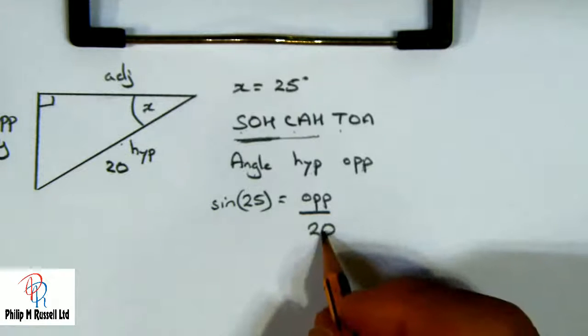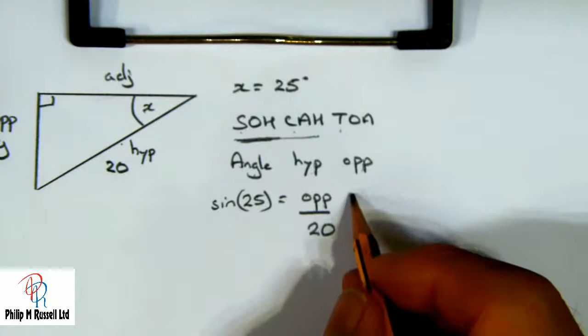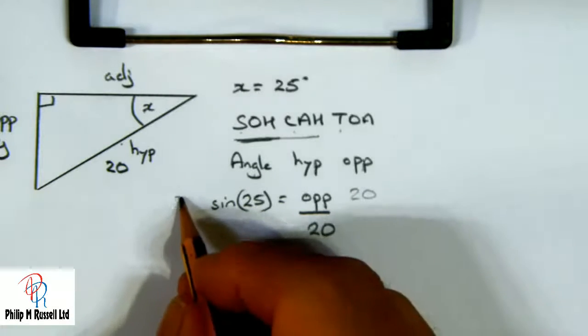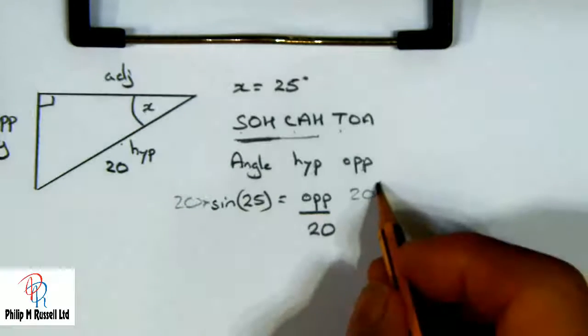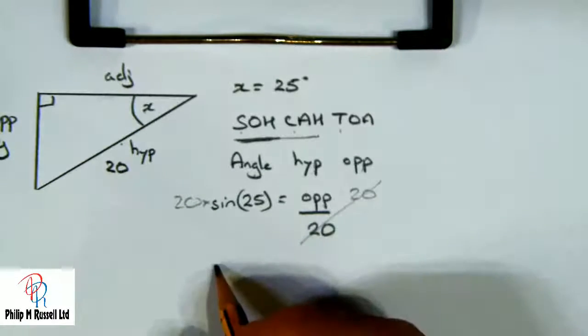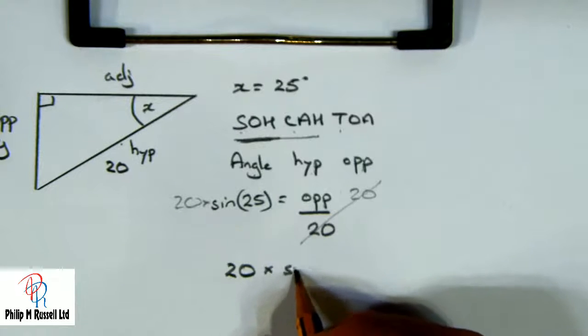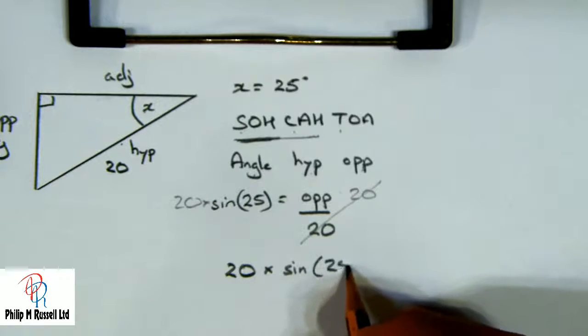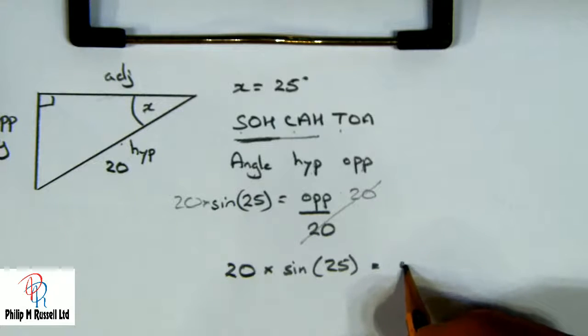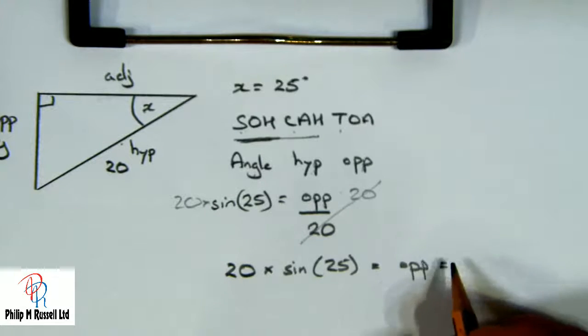Let's rearrange that. I can multiply both sides by 20. They'll cancel. So we get 20 times the sine of 25 is going to equal the opposite.